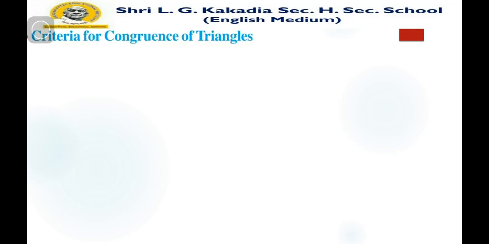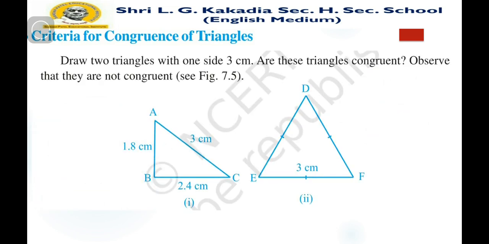Now, criteria for congruence of triangles. We are going to see some rules for this. Draw two triangles with side 3 centimeter. Are these triangles congruent? You can see that here we have drawn an equilateral triangle, DEF, with each side 3 centimeter. Here we have taken one side equal to 3, AC equal to 3.